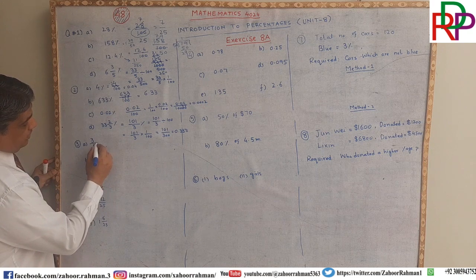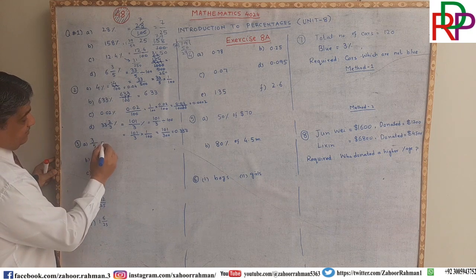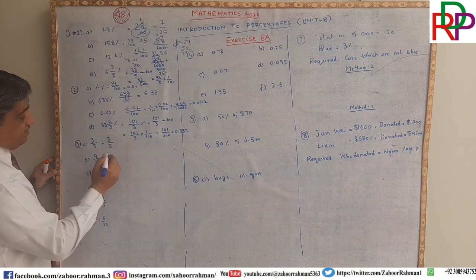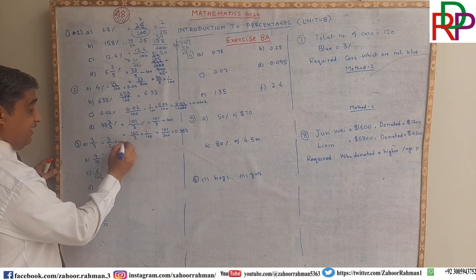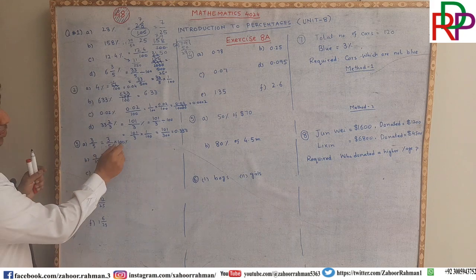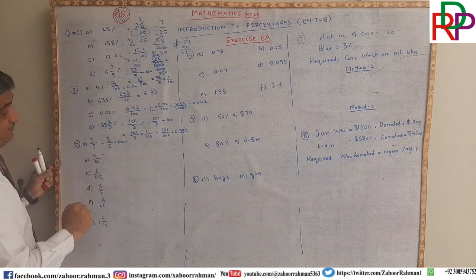If you want to introduce percentage, then you have to write 3/5 multiplied by 100%. You have to write this 100%. What does it mean?